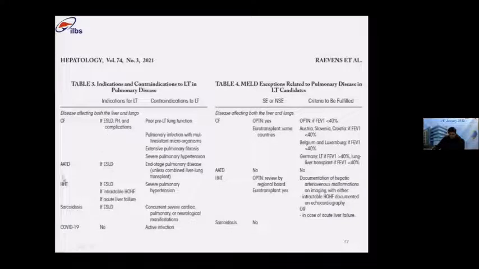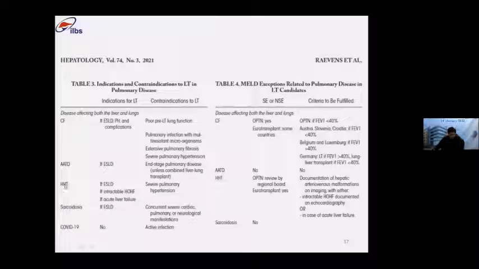In alpha-1 antitrypsin deficiency, and again in most of these, alpha-1 antitrypsin deficiency, hereditary hemorrhagic telangiectasia, sarcoidosis, end stage liver disease and development of portal hypertension are the indications for liver transplantation.